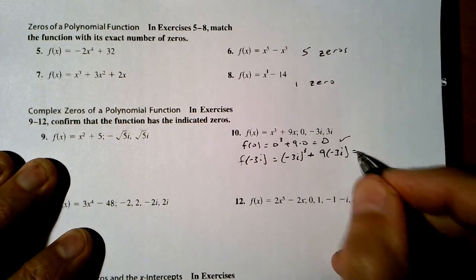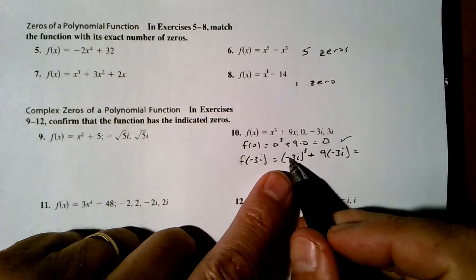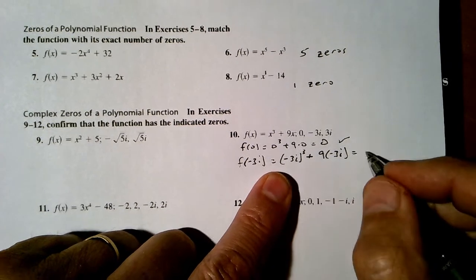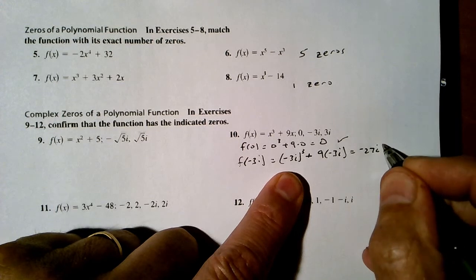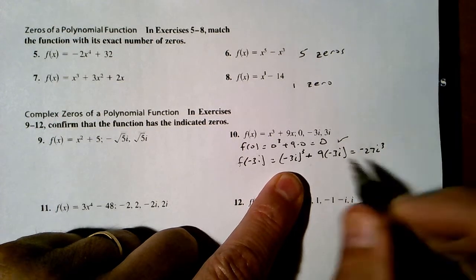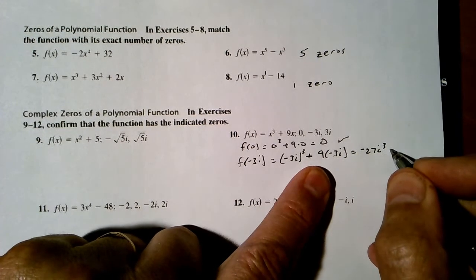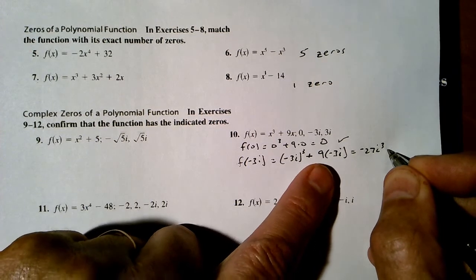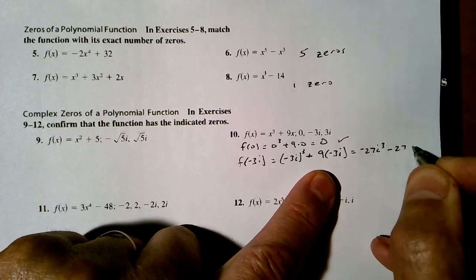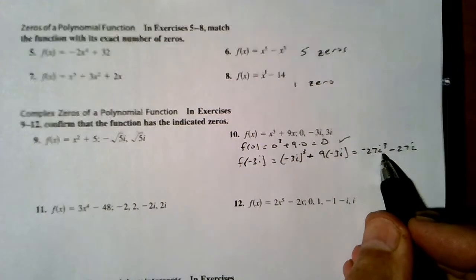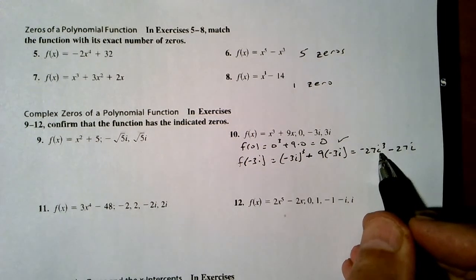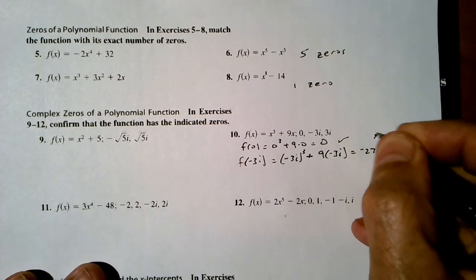Let's see, the negative survives here. I get negative 27 i to the third plus negative, positive times negative, minus 27i, but i to the third is i squared times i. This is just my little thought bubble right here.